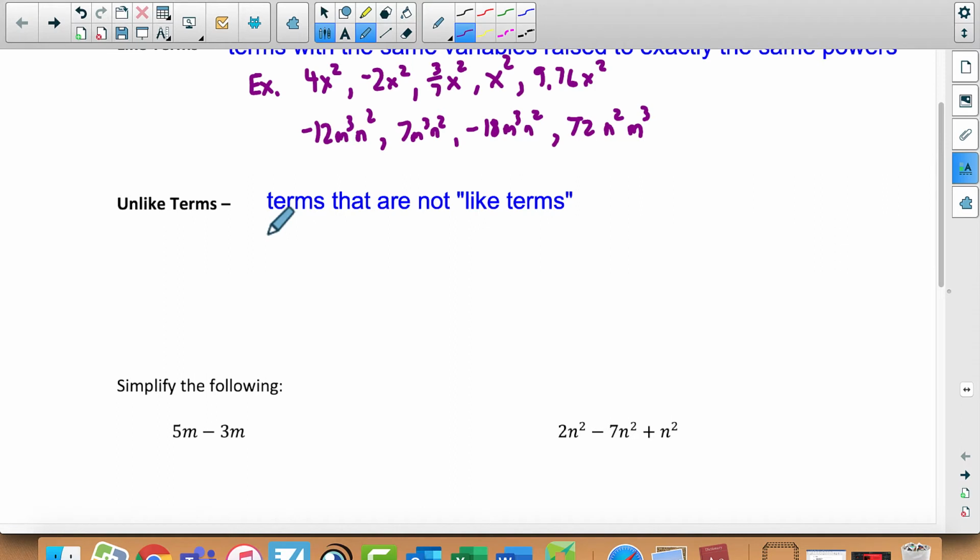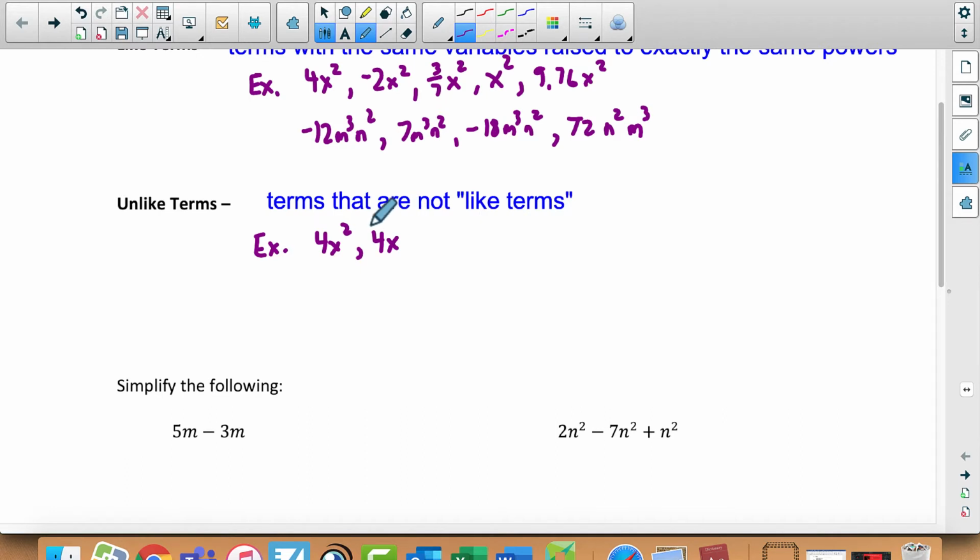So I think examples will help really clarify what like terms and unlike terms are. So I'm going to go with the 4x squared again. Here are some terms that are not like terms. They're unlike terms. 4x squared and 4x. Boy, those look a lot alike, 4x squared and 4x, but no, you need to have the same variables and the same exponent.